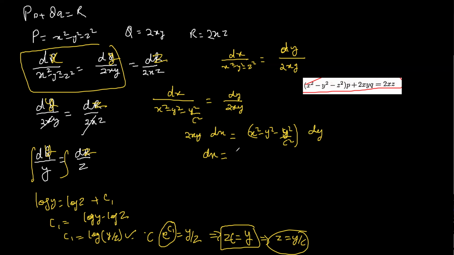Divide by 2xy on both sides, you will get x upon 2y, y cancel, y upon 2xc dy, right?